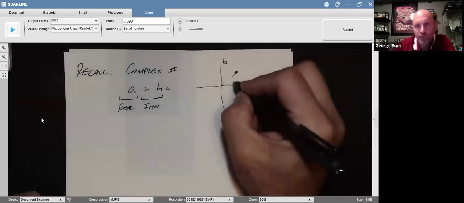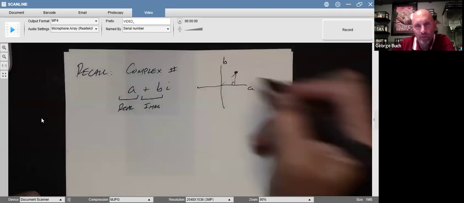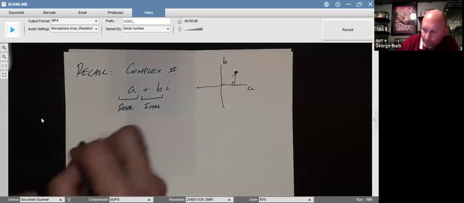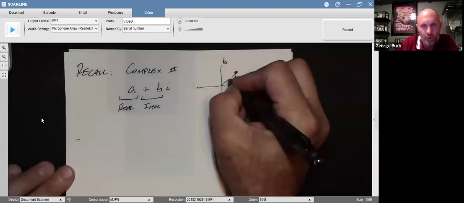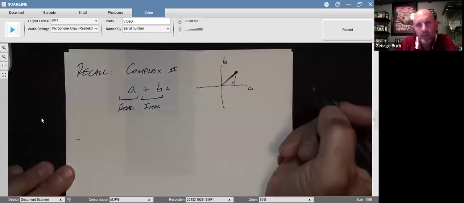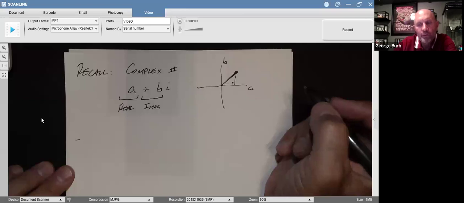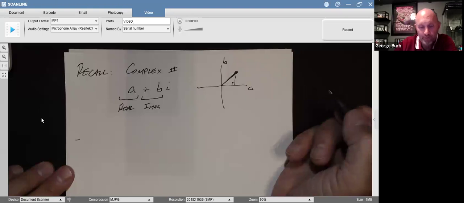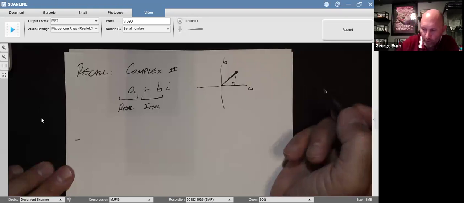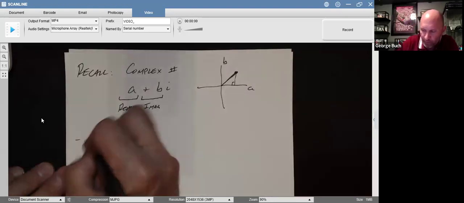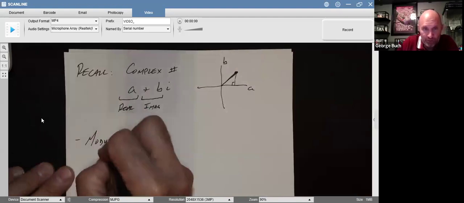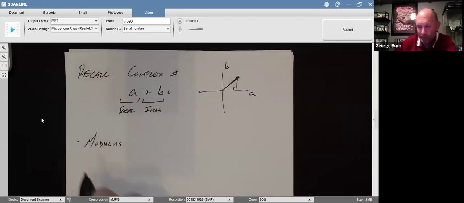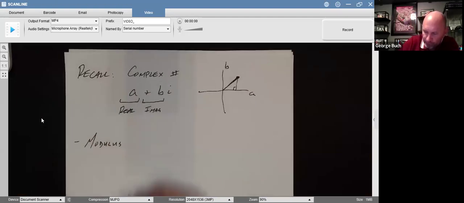I can draw another triangle like we've been doing all semester, right? And so this line going out is no longer called a hypotenuse, or the radius. Because we're dealing with complex numbers, it's now called the modulus. But our calculations are still the same.